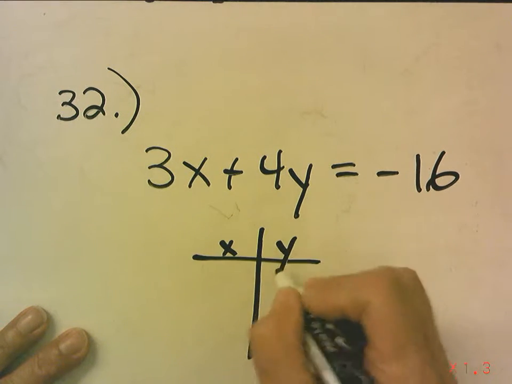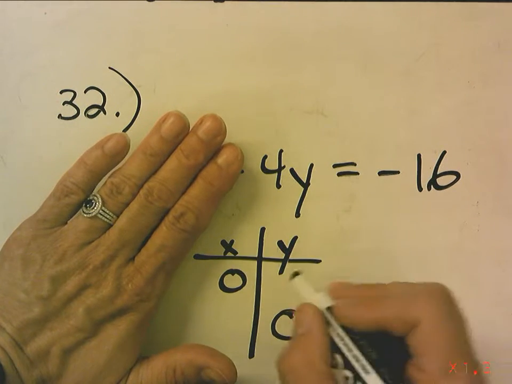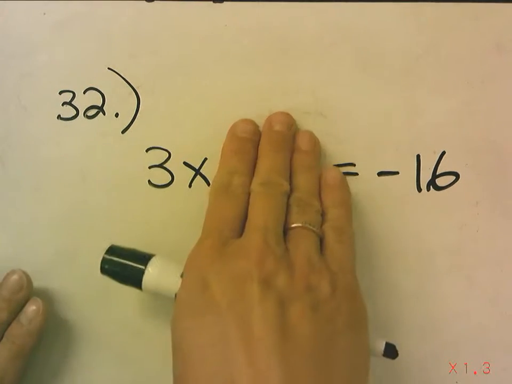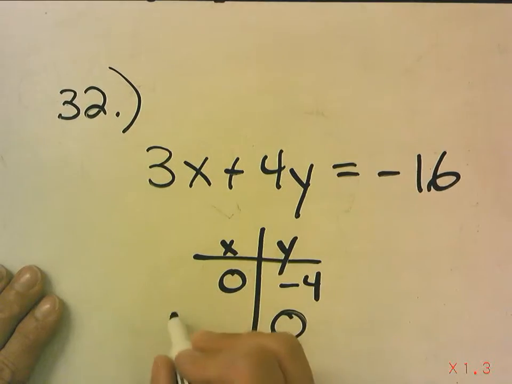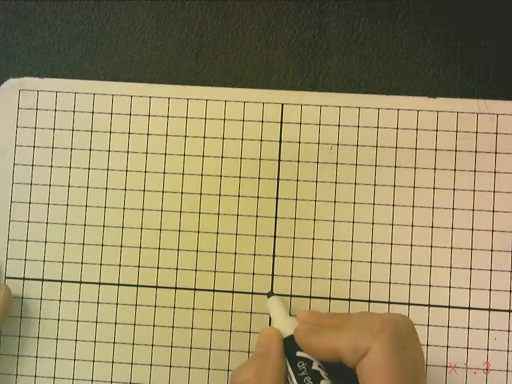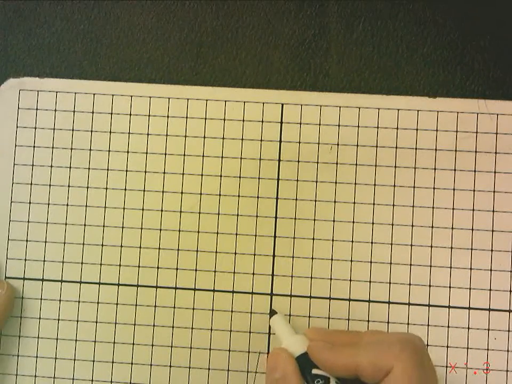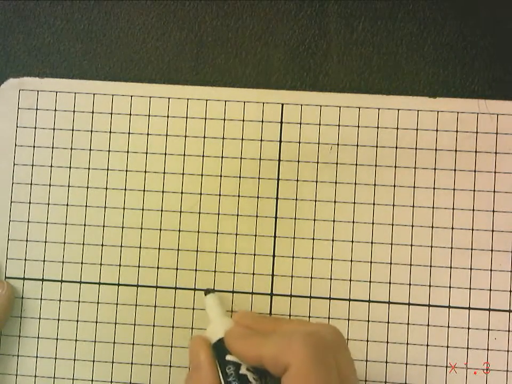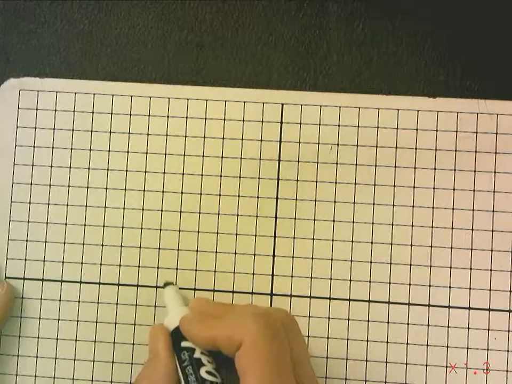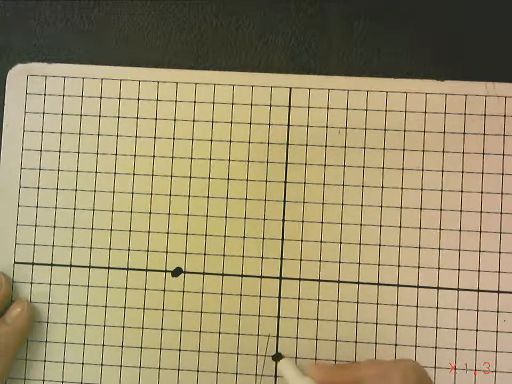So to find my x and y intercepts, I let x equal 0, cover up the x, y equals negative 4, or I let y equal 0, x equals negative 16/3. So I can graph negative 16/3 is negative 5 1/3, and that's x, 1, 2, 3, 4, 5, say 5 1/3, and y was negative 4, 1, 2, 3, 4.